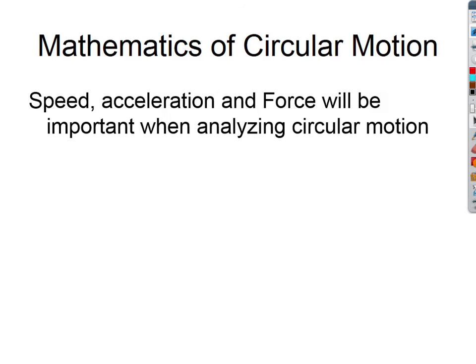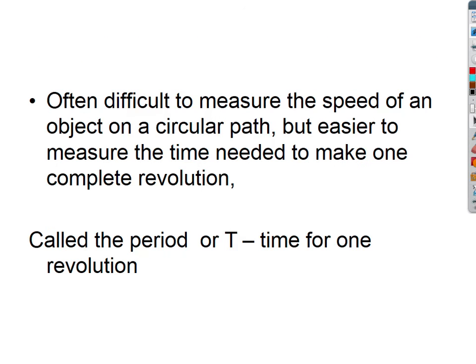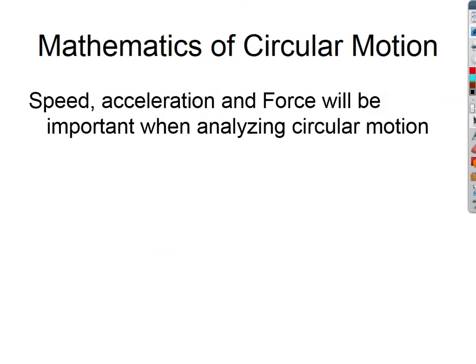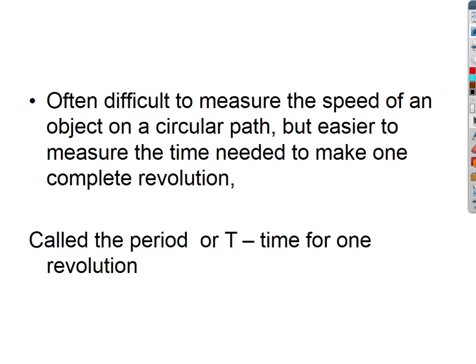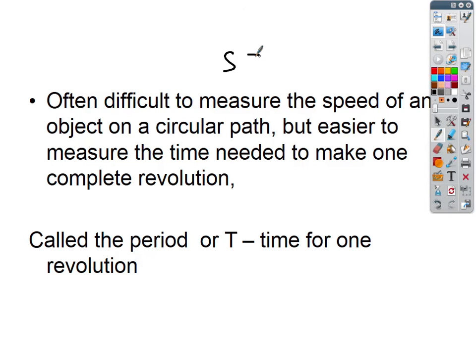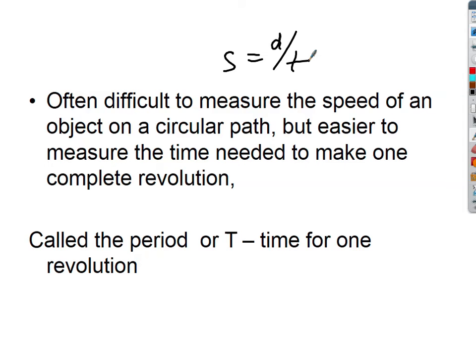So, this leads us to finally our mathematics. Like I said, we're going to be doing speed, acceleration, and force. The thing is, when we measure speed, if you think about what speed is, it's distance over time.